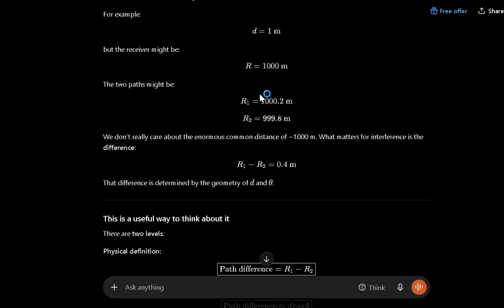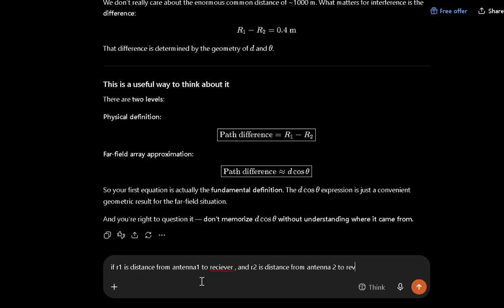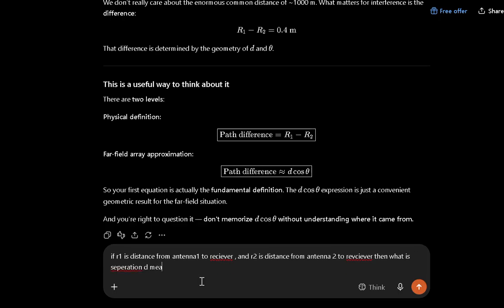So here my doubt is, what is d actually? If R1 is the distance from antenna one to the receiver, and R2 is the distance from antenna two to the receiver, then what is the separation between them? Which distance is it?